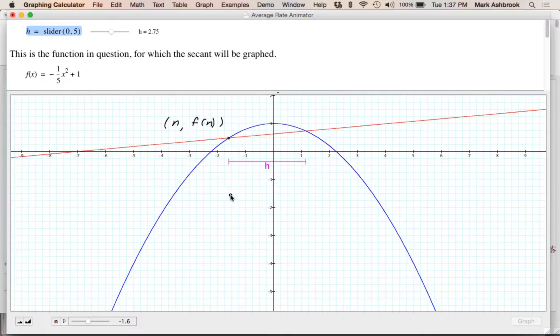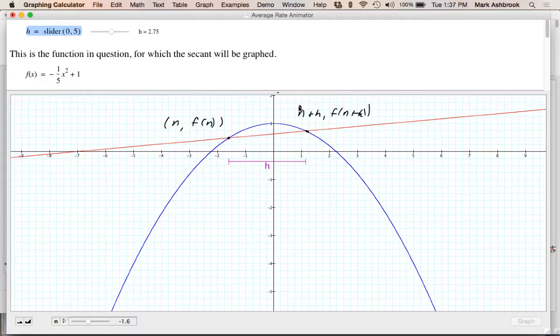Okay, and so we've got a point on that line, and based on a change of x of h, we could get the rate of change of that line, right? How would we get the rate of change of that line? We would have this point here, right? What are the coordinates of that point there? And from that, we could get the rate of change.